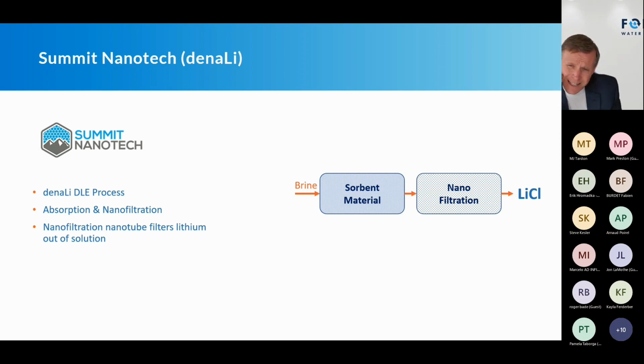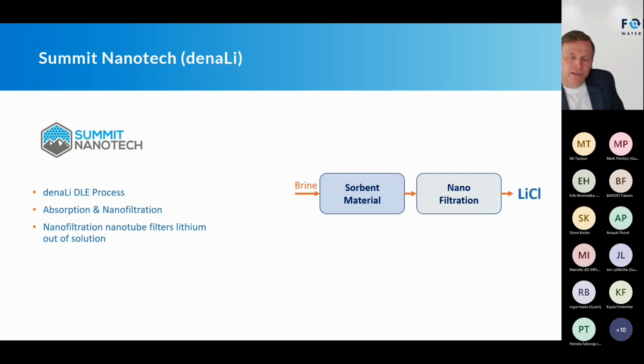Summit Nanotech, this is a little bit different. I just thought I'd put this in. They're based out of Canada. Their process is a little bit different. It's absorption and nanofiltration. The approach they have taken, which they feel is more advantageous, is that they use nanofiltration, or think of nanotubes.